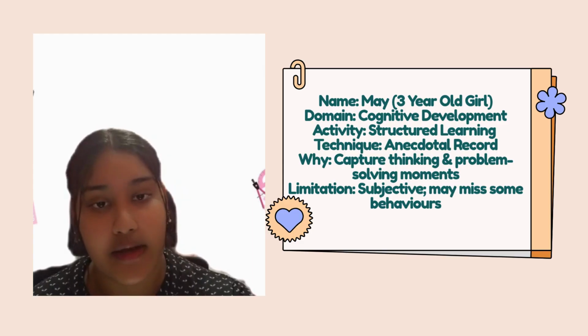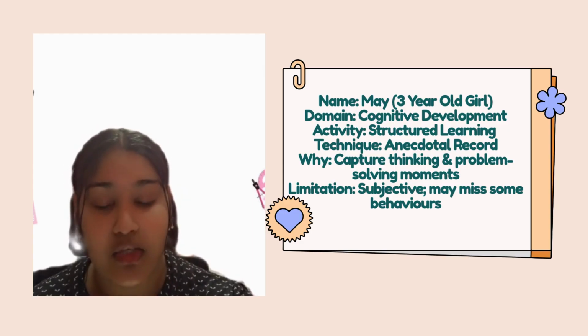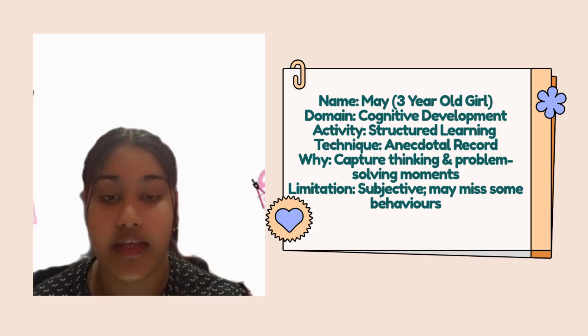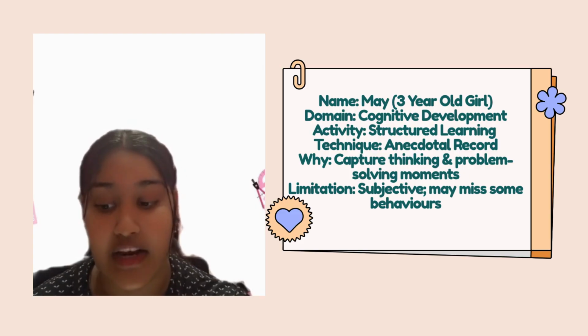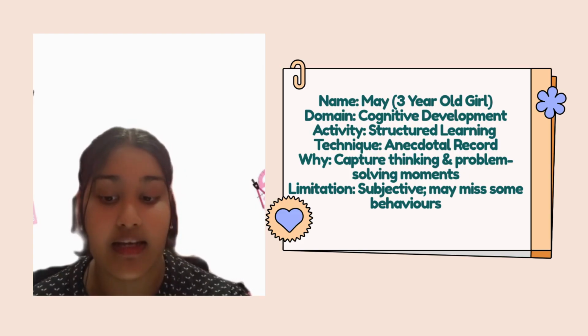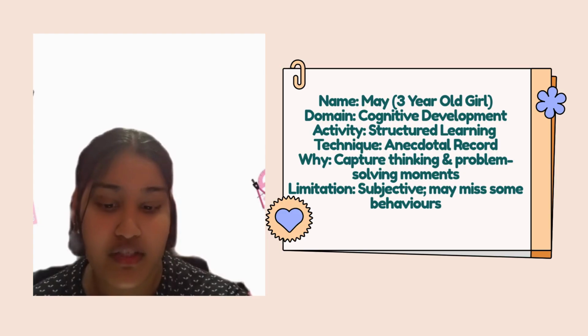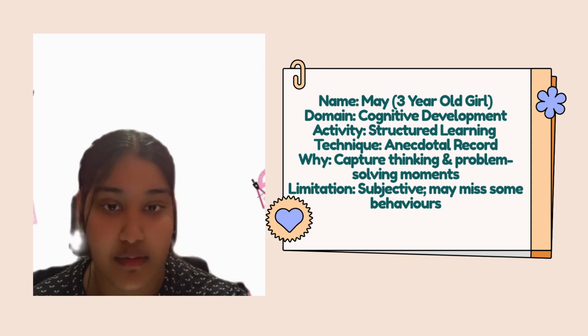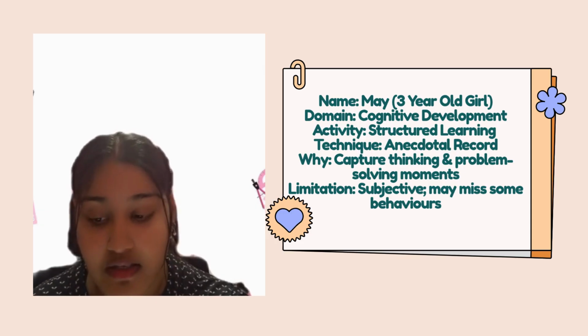Now, in order to collect my observation data, I used an anecdotal record. An anecdotal record is a narrative observation method that involves writing a brief description of any significant behaviors or learning moments.